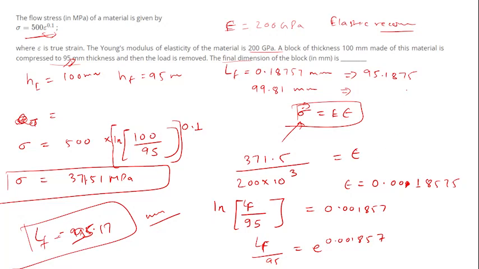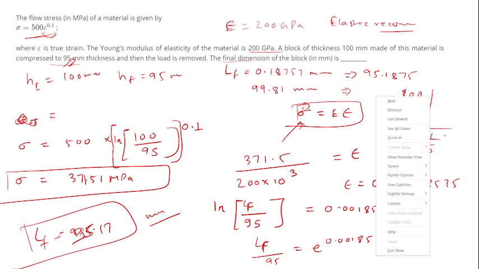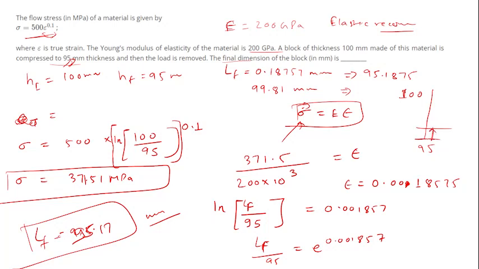When we were doing plastic deformation, we started at 100, then did plastic deformation, then there was some elastic deformation, and then we reached 95. But after removing the load, it will go back again to some value. This value will be your elastic recovery. So this dimension will increase.